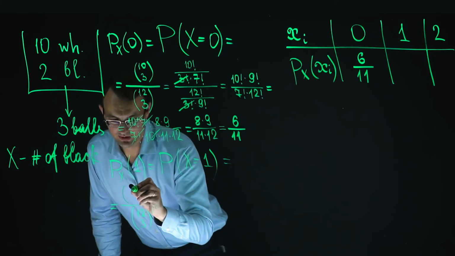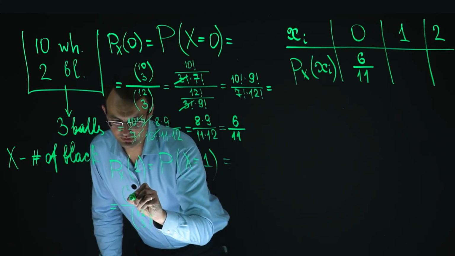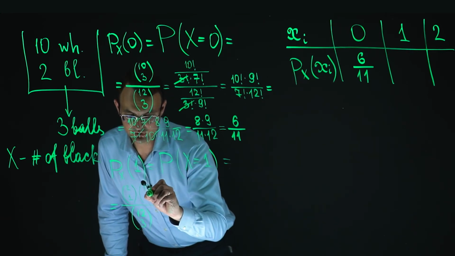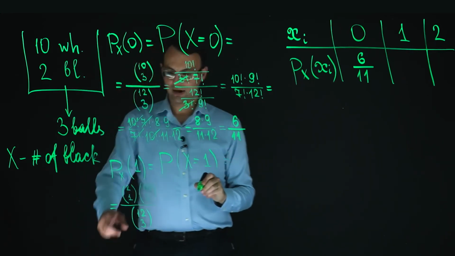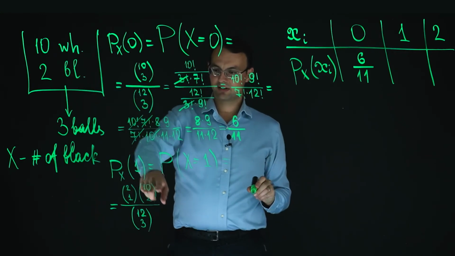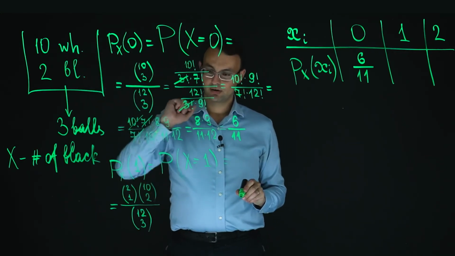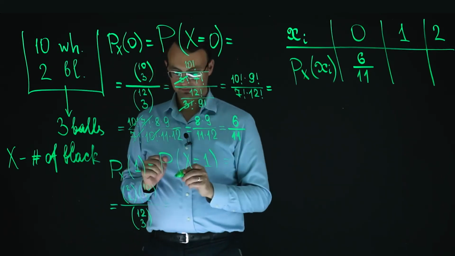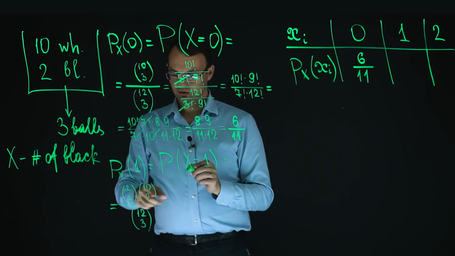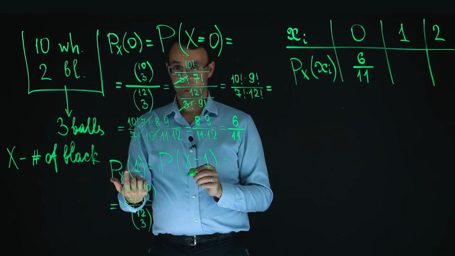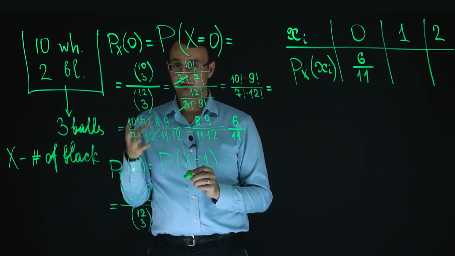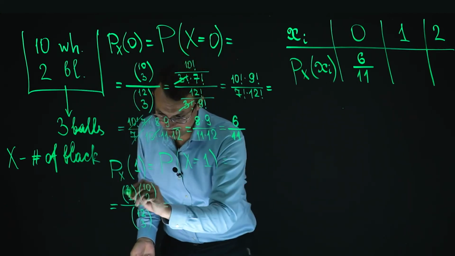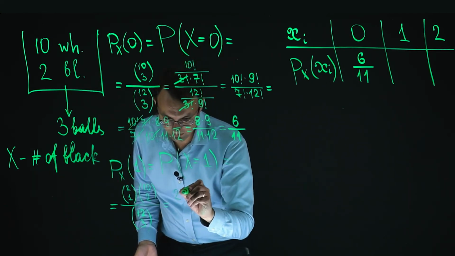So 2 choose 1 times 10 choose 2. 1 is chosen out of 2 blacks and 2 are chosen out of 10 white. 2 choose 1 is just 2. This is the number of ways to choose 1 out of 2. There are 2 ways to do so. So this is simply 2.